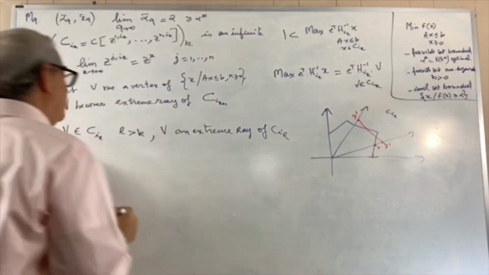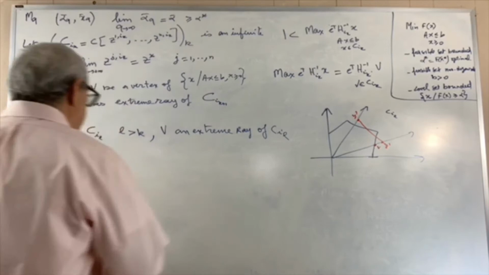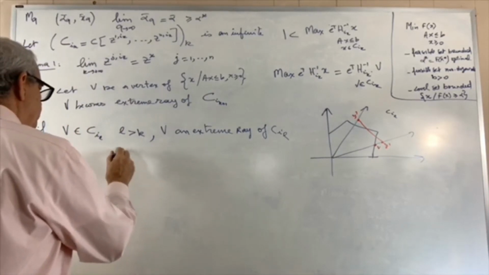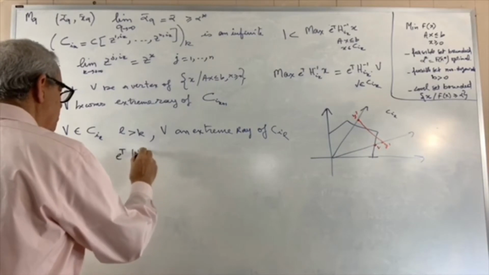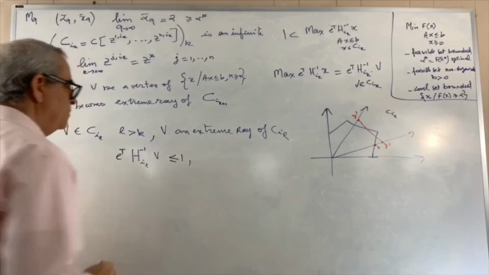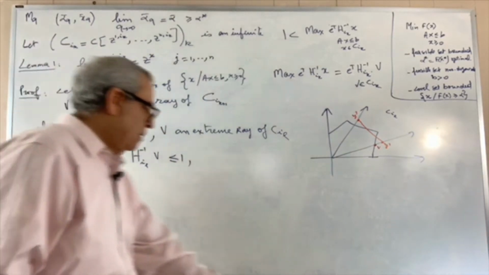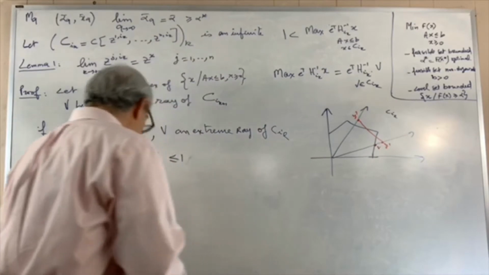So therefore, in here we have E transpose H_{I_l - 1} v less or equal to 1. Just like in this picture, it has to be less or equal to 1.